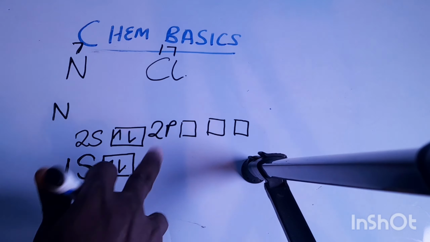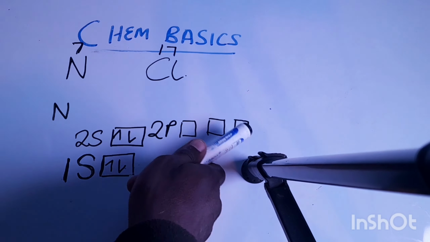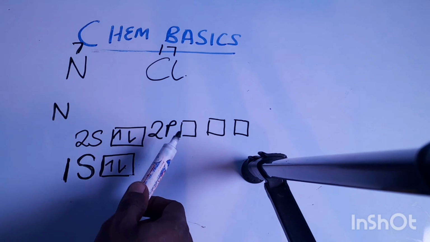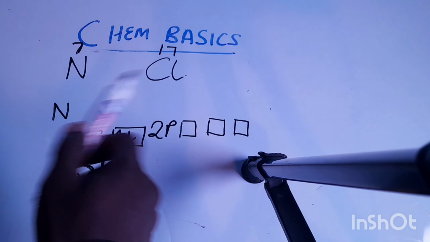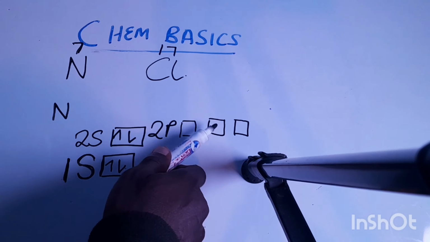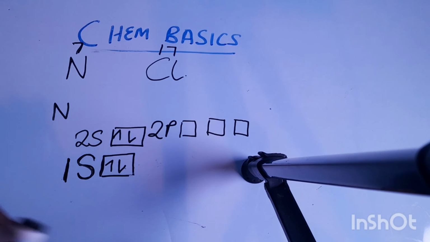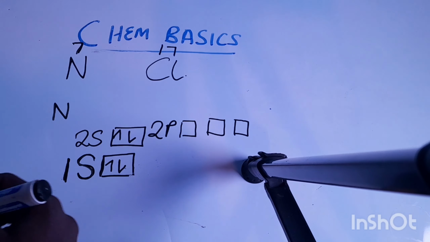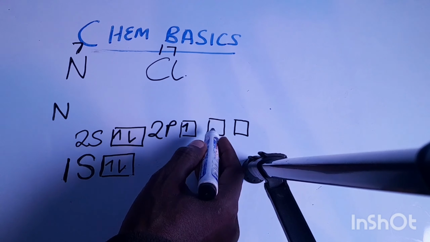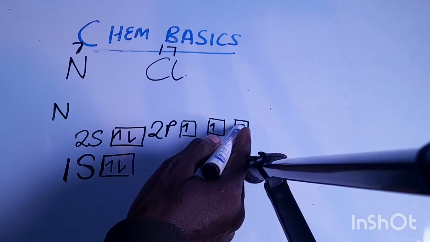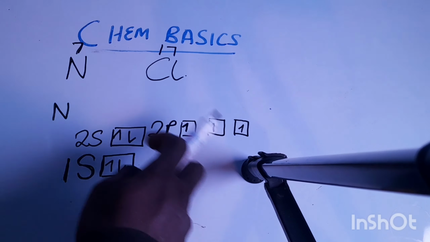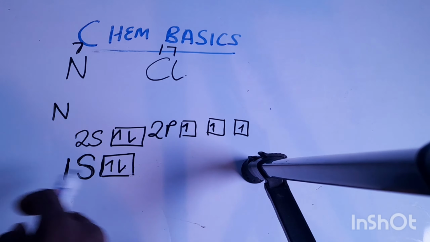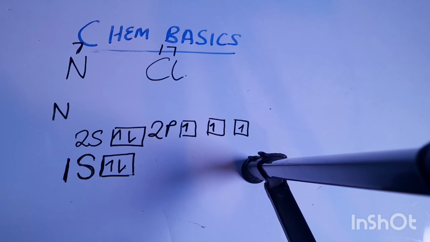We don't fill 2 in the first and then 1, no, that's not how we do it. First we fill 1, 1, 1, and when there are excess electrons, we come back and fill 1, 1, 1 again. We are left with 3 electrons from 7, so we just say 1, 1, 1, right? So this is the diagram of nitrogen. As I said, the wonders of chemistry.